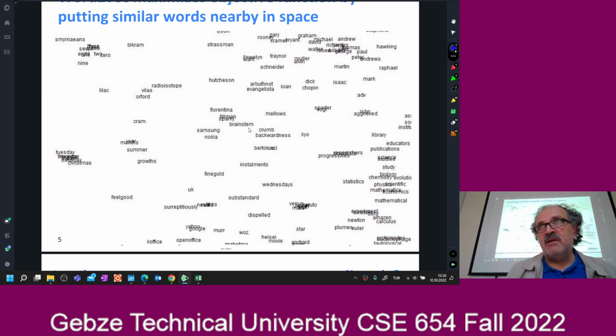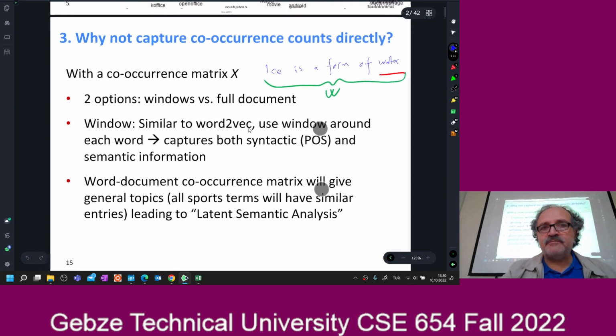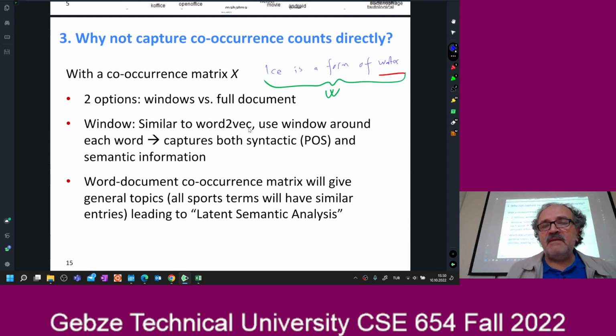Remember WordNet? WordNet requires a few PhDs to mark all those words, which one is similar and so on. This one doesn't require that. So we achieved that representation using the principle of "tell me your friends, I'm going to tell you who you are", or you shall know a word by the company it keeps.